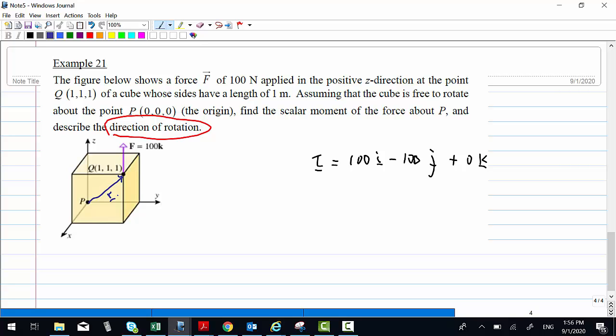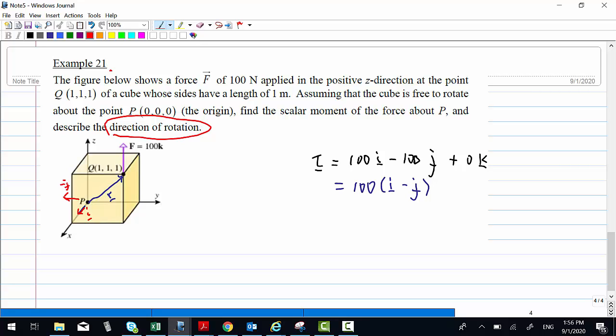So you have 100 times (i minus j). What is actually i minus j? So i is a unit vector here, i. j is over here, and in the negative y-axis direction, so this is minus j now.